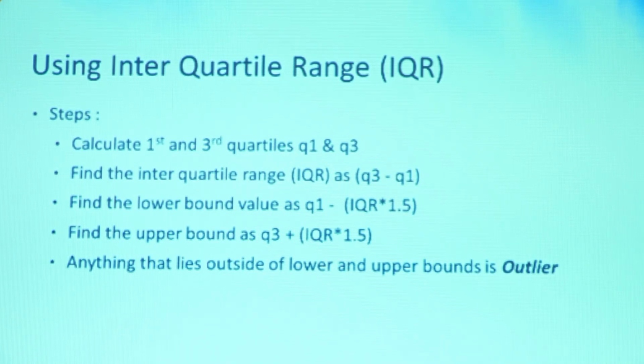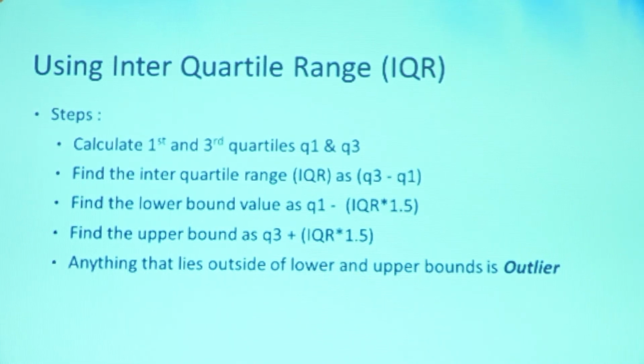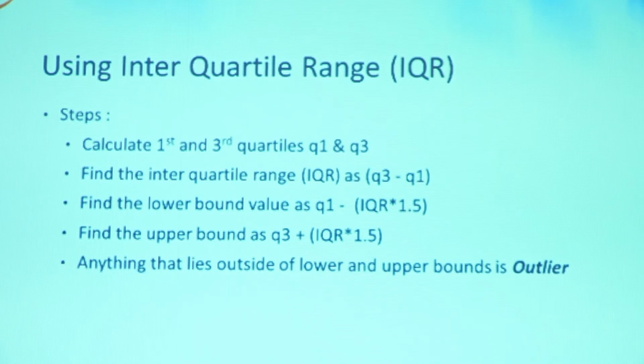Means anything beyond 1.5 times your IQR will be treated as an outlier for sure. Using a box plot, that's why you were able to identify outliers very easily, because a box plot also makes use of IQR. And anything that lies outside the lower and upper bound is treated as an outlier in the IQR method.